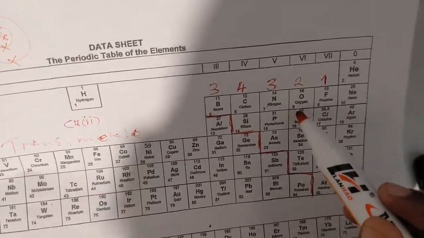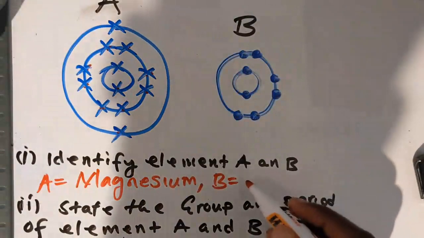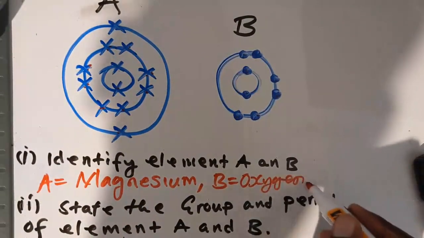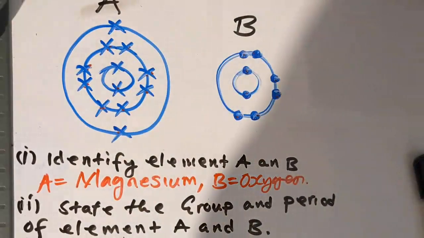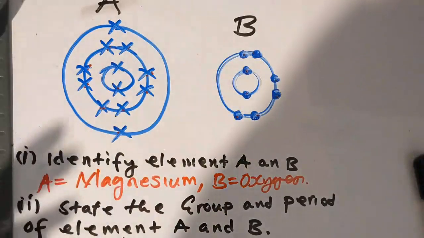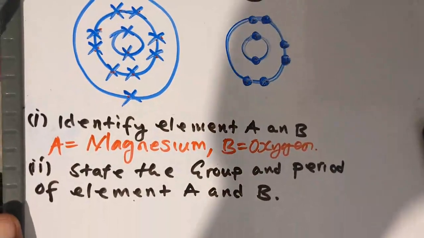So that's oxygen, we have 8 electrons, like that. And that's how you identify the element, okay? So you just have to count the number of electrons, then you know which one is A, which one is B.